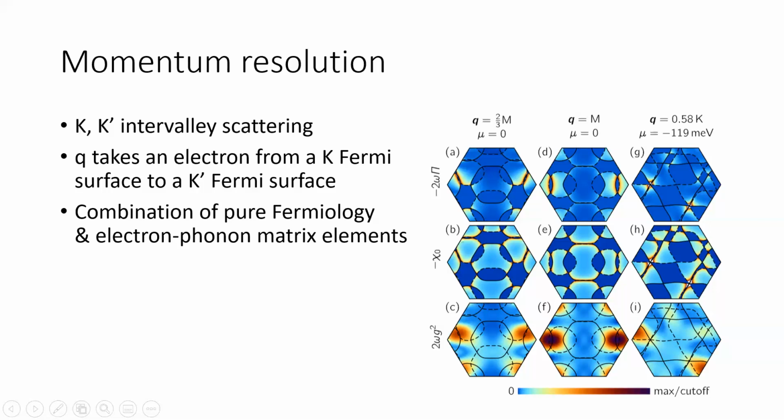And we can see the same thing also if we take a different momentum transfer Q. We again see a single hotspot, which comes from the combination of Fermi surfaces and electron-phonon coupling.